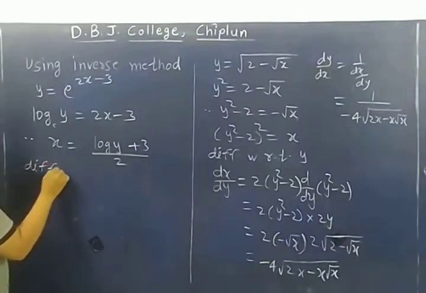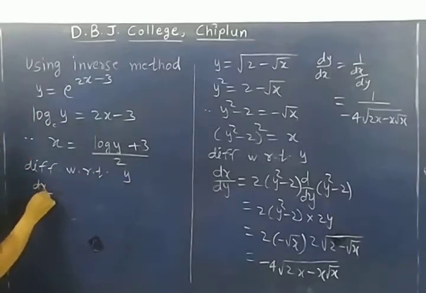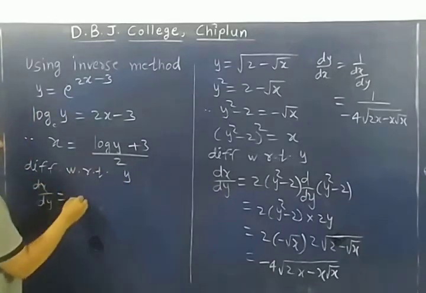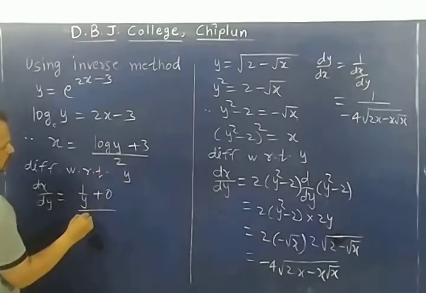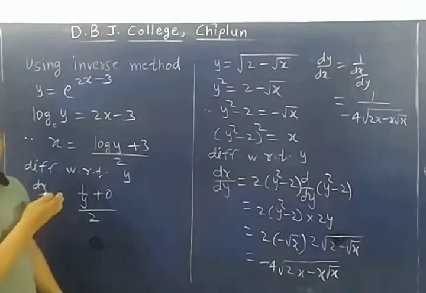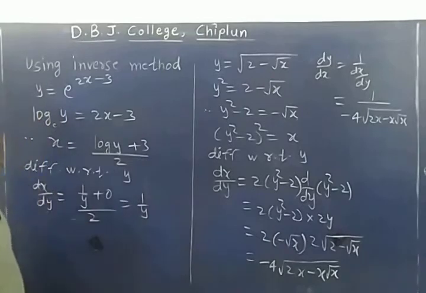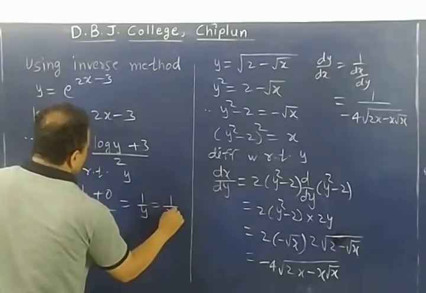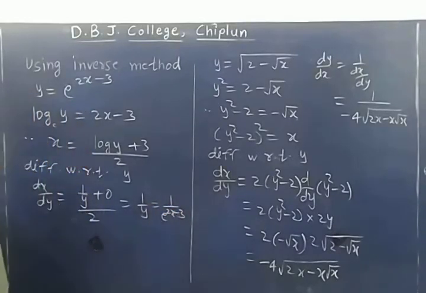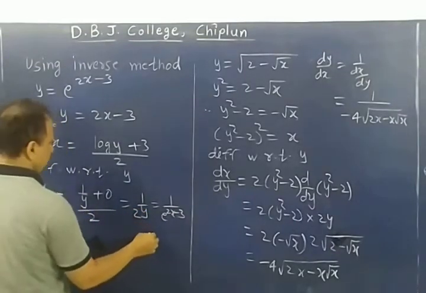Differentiating with respect to y. Dx by dy is equal to derivative of log y is 1 upon y, derivative of 3 is 0, and 2 is a constant taken out of the derivative. This is 1 upon y. But y is e raised to 2x minus 3, so it is 1 upon e raised to 2x minus 3, divided by 2.